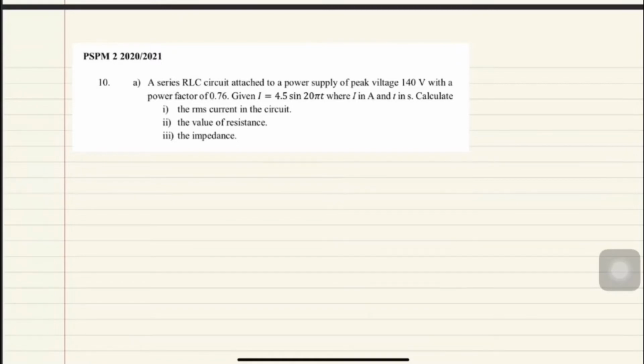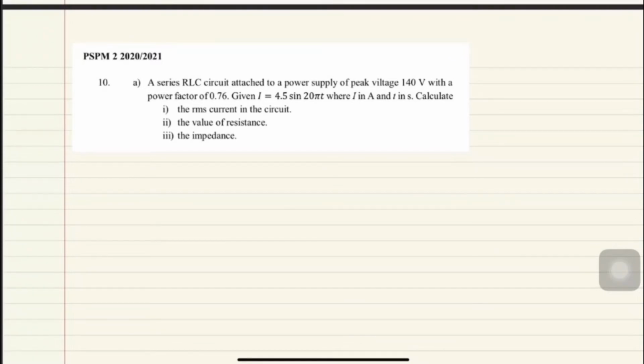Okay, 10A dia kata series RLC circuit attached to power supply, peak voltage of 140 volts, with a power factor of 0.76.